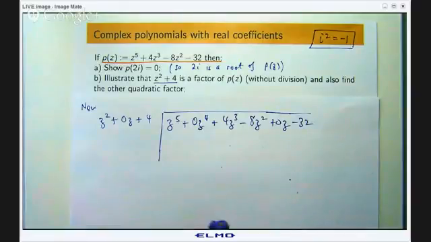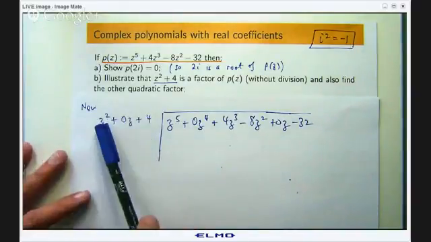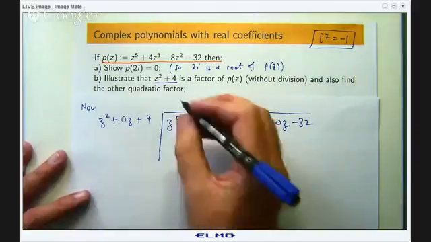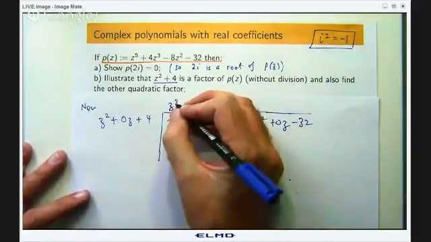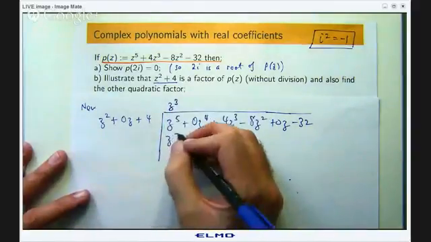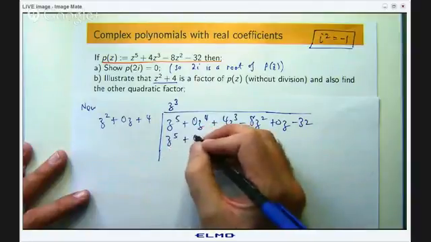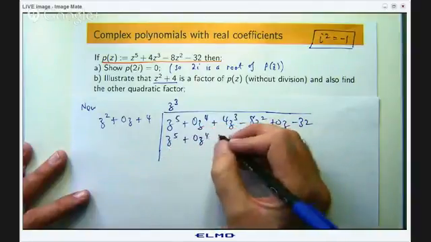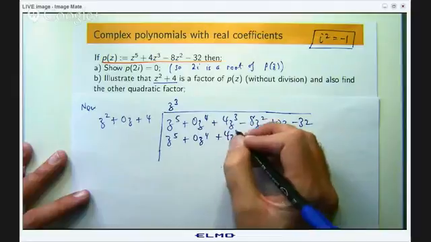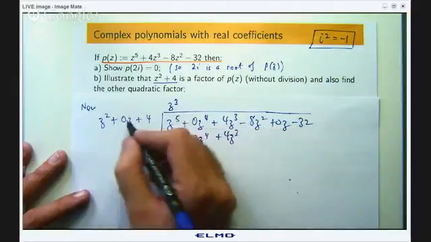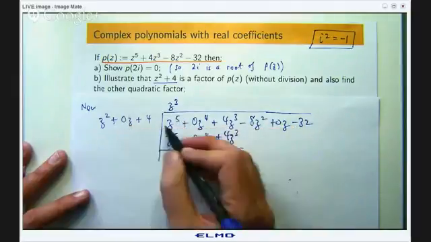Okay, so let's just step by step divide this in. So that into that goes z to the power 3. Okay, so I've multiplied that by each of those terms, and you take this away from that.